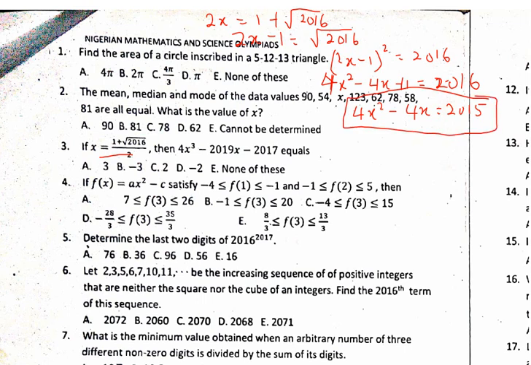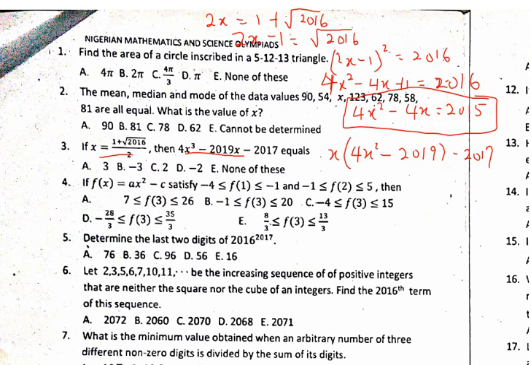Now let's come to the expression we are looking for: 4x cubed minus 2019x minus 2017. Can you see that x is common here? Bring out the x. So we have x into bracket 4x squared minus 2019, minus 2017.